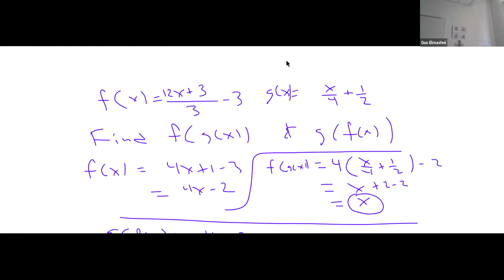You just get x, that means the inverse. Correct. Okay. Let's see. Okay, so to make life easier, do you have x too?